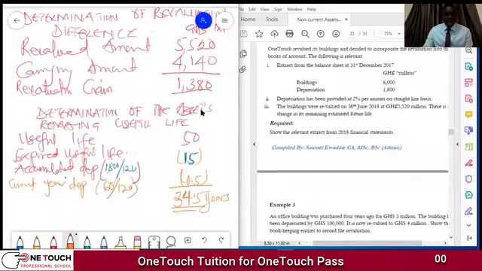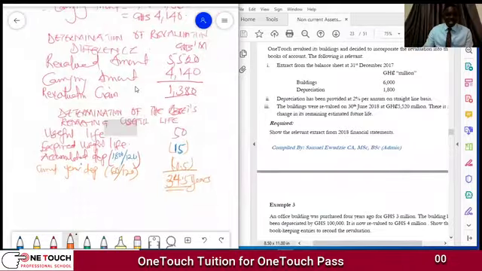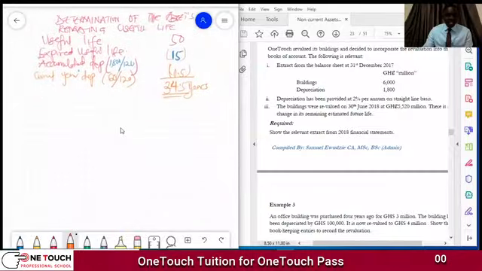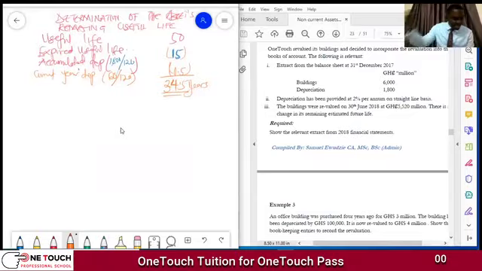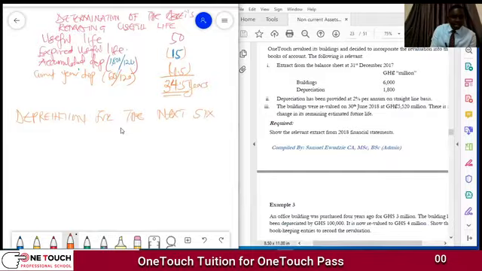Good. So now let's look at the remaining depreciation to be charged for the next half of the year. The depreciation to be charged for the next half of the year. Okay, so that one we have depreciation for the next 6 months.